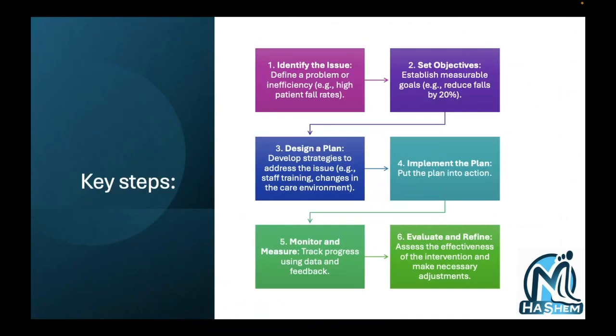So the key step is to identify, so go through what you are doing systematically. For example, we are doing a quality improvement now about documentation in the emergency department. We look into the documentation for all the emergent orthopedic cases, and we found that not all the documentation is clear.